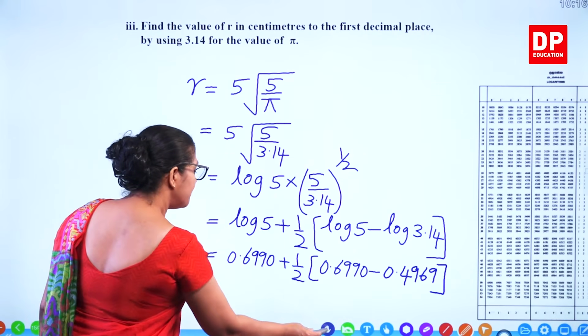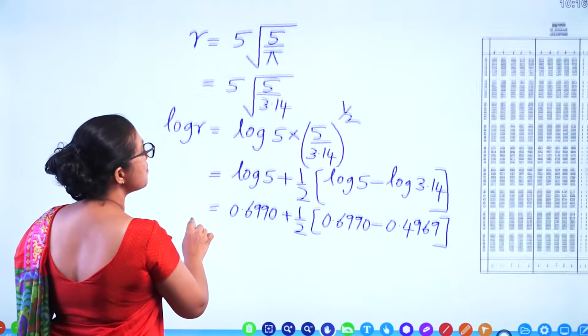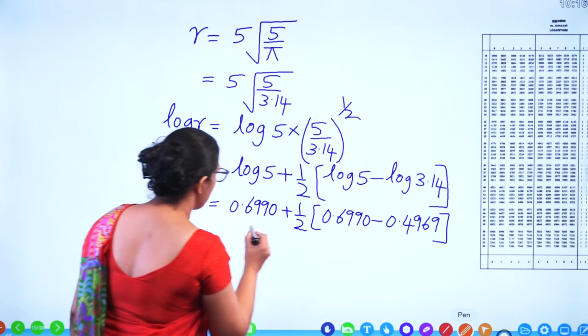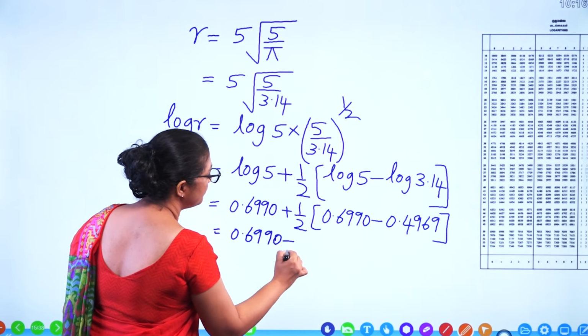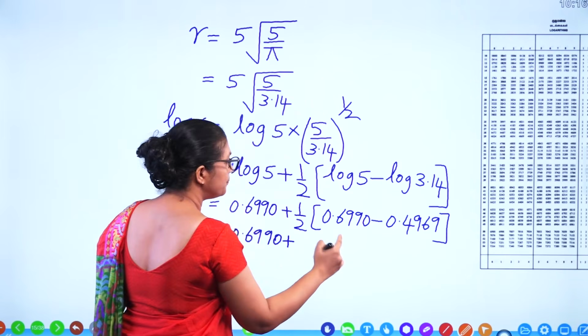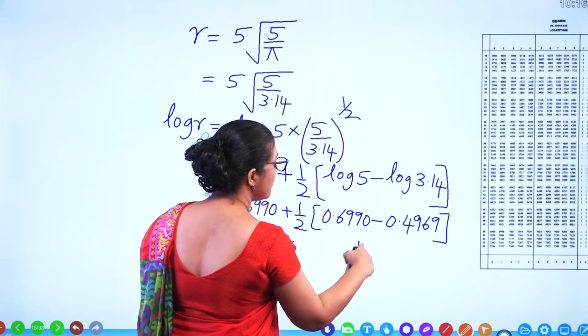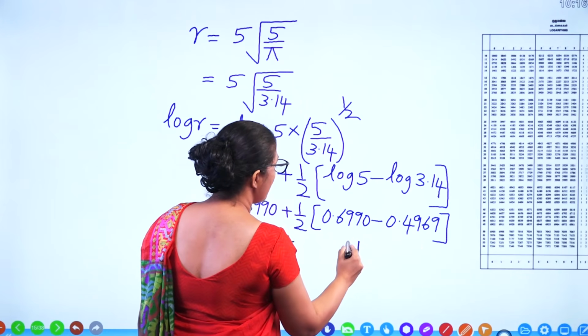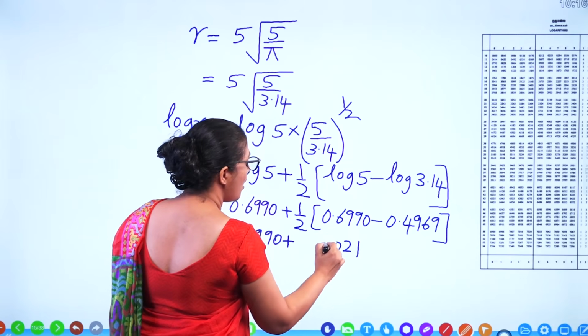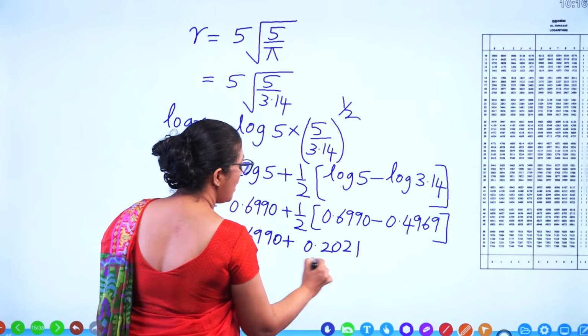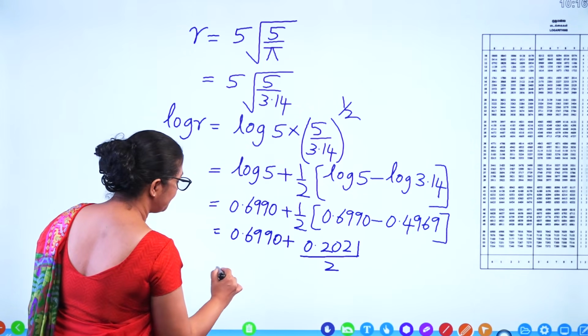Now simplify. First subtract the two values. .6990 minus .4969 gives 1.0 and 2.0021, and divide by 2.